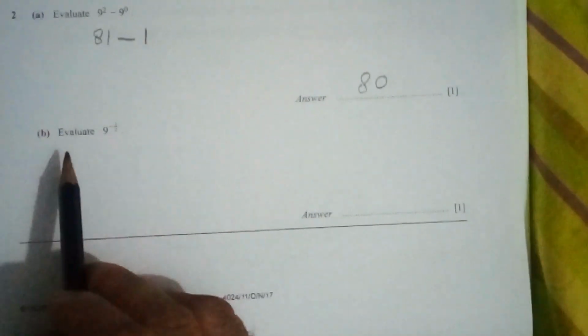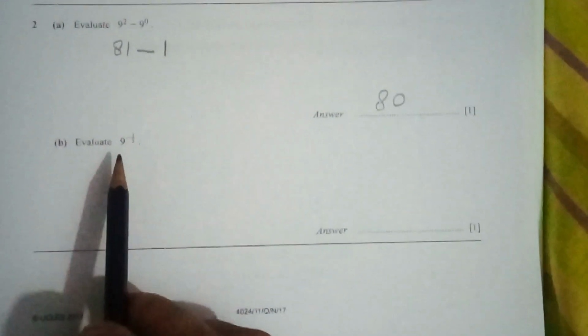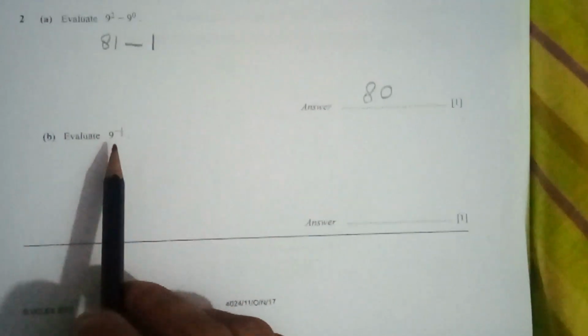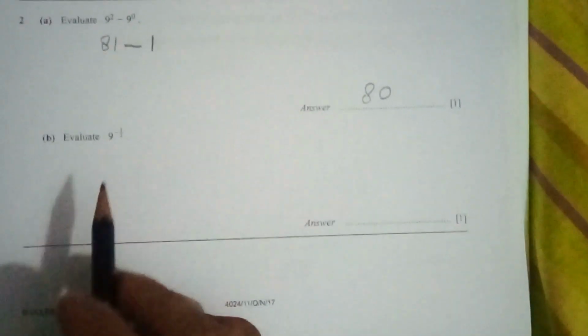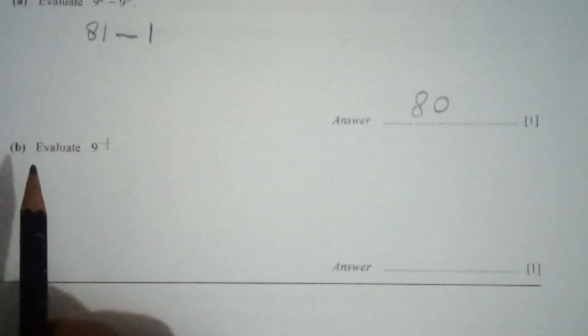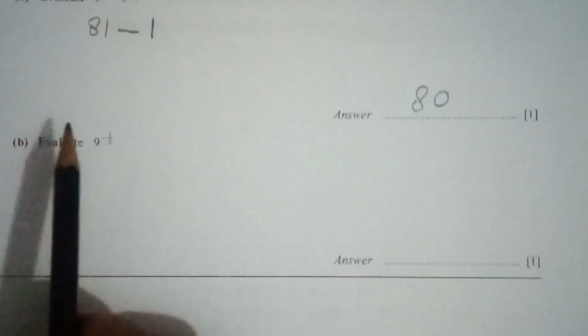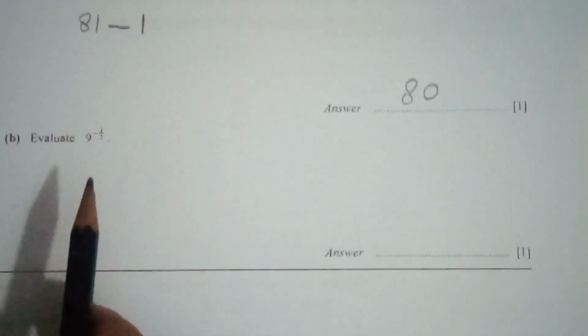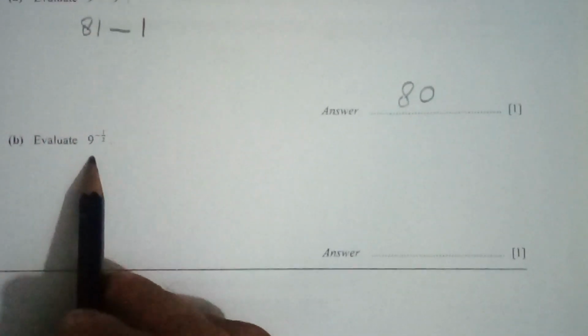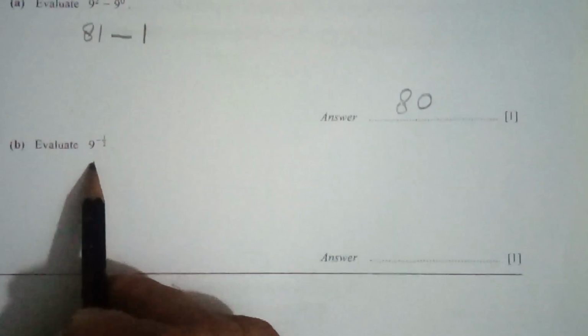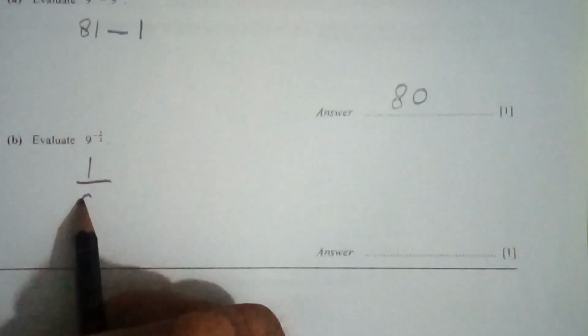And part B is evaluate this. Whenever you have to evaluate an index number, the power should be positive. So it is a negative power. It is 9 power minus 1 over 2. To make the power positive, I have to switch, bring it down.